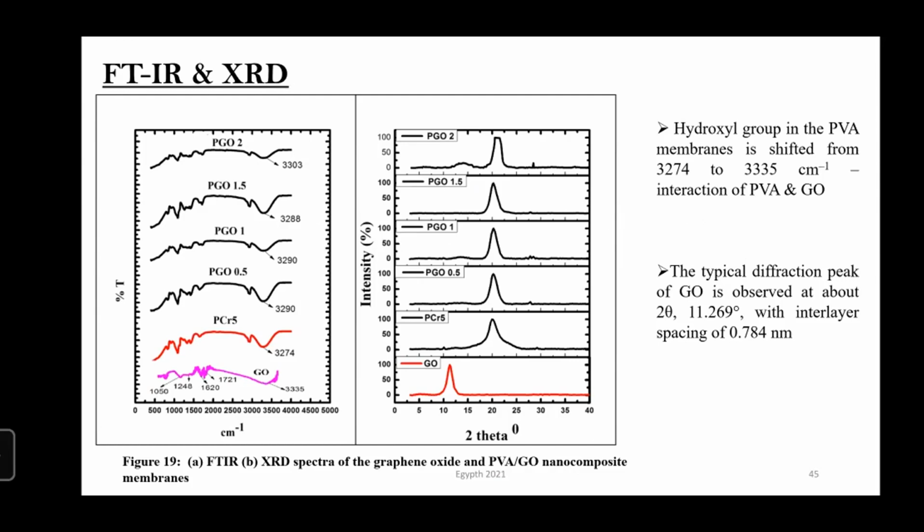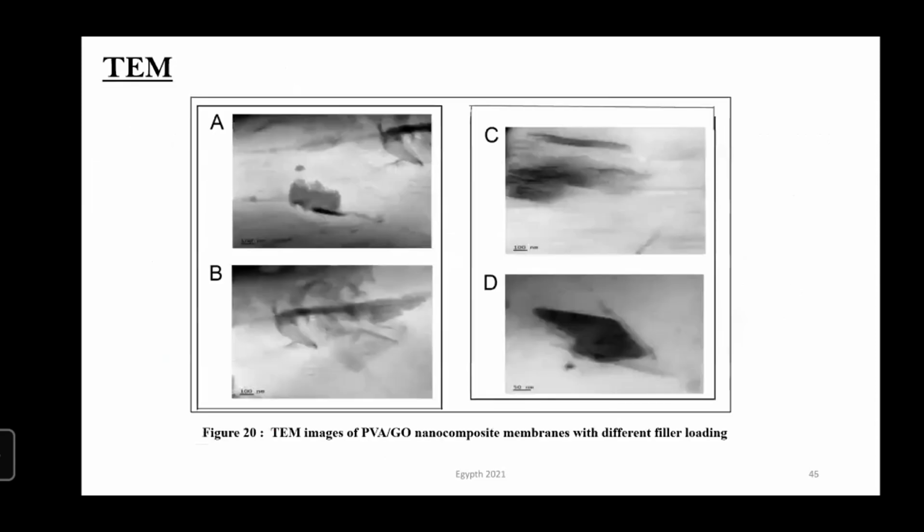So it indicates a very exfoliated structure, with a few layers. Interestingly, the flake-like appearance of the graphene oxide layer is clearly seen from the transmission electron microscopic analysis. Also, because graphene is exfoliated, a few layers of graphene are seen in the TEM images.